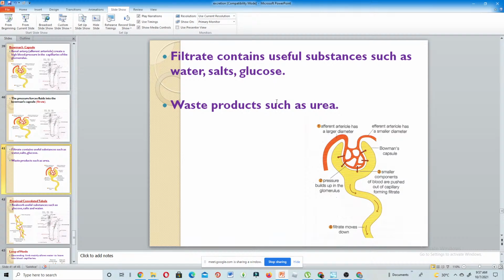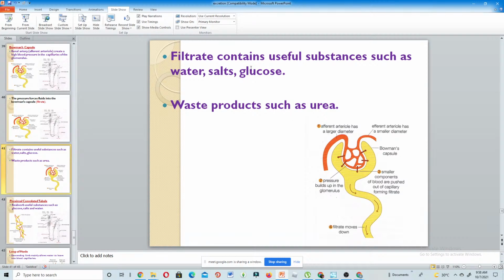The filtrate in the Bowman's capsule contains more than one substance. The useful ones it contains are water, salt, and glucose, and the waste that it contains is urea.